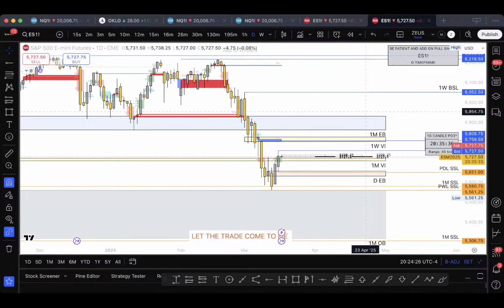So at this given point in time, these are pretty much all the levels we have. Anybody have any questions?